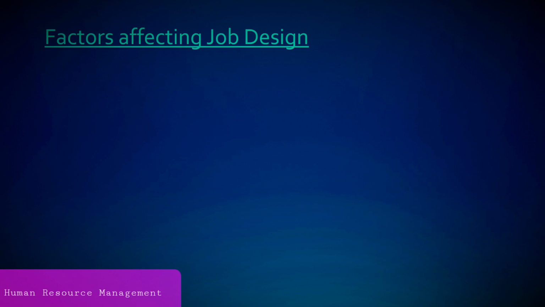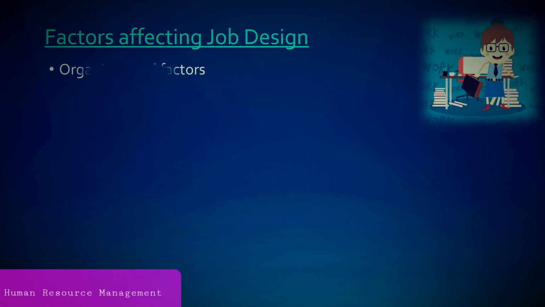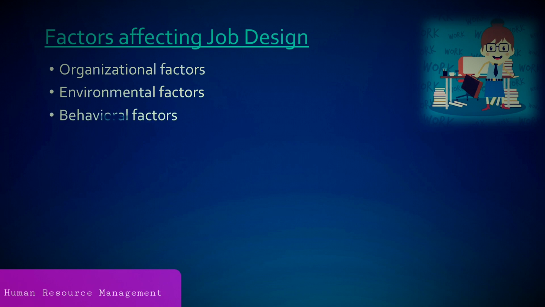Now I will discuss the three main factors which affect job design. They are organizational factors, environmental factors, and behavioral factors. The nature of the work, culture of the organization, and ergonomics are some of the examples which come under the category of organizational factors. When it comes to environmental factors, they could be in the form of either internal or external.